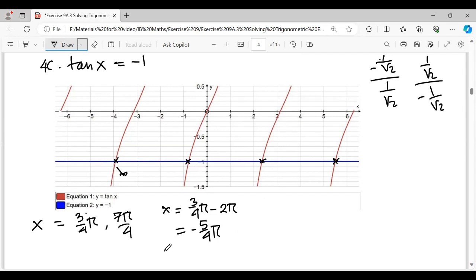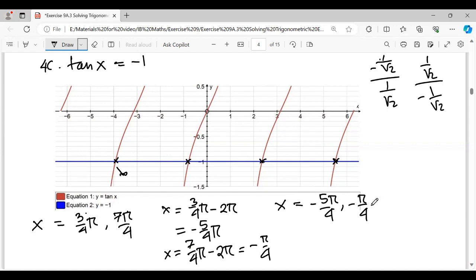That is 7/4 pi minus 2 pi, -8 plus 7, -1, -1/4. So x are -5/4 pi, -1/4 pi, 3/4 pi, or 7/4 pi.